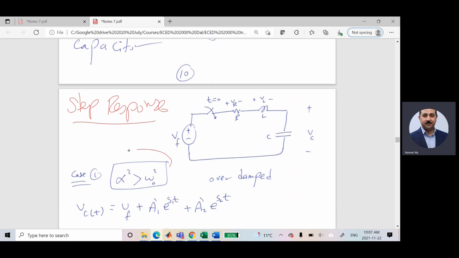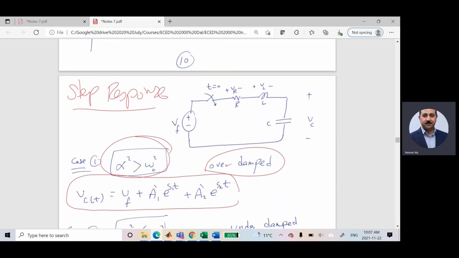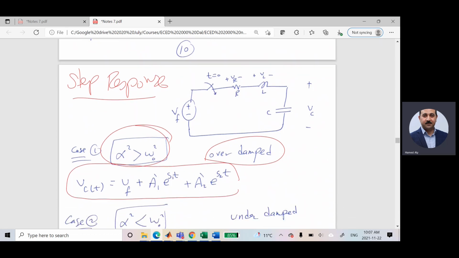If alpha is greater than omega, then this case is the overdamped case, and the voltage across the capacitor is equal to the forced voltage, which is the given voltage, Vf, plus a constant times e to the power s1t plus another constant times e to the power s2t.